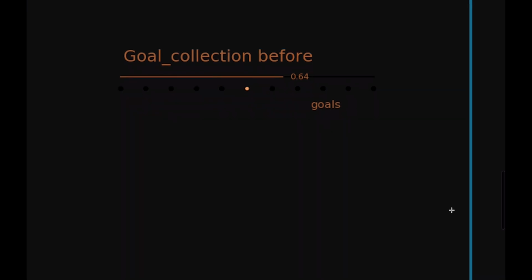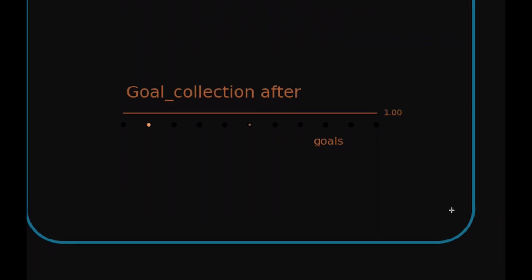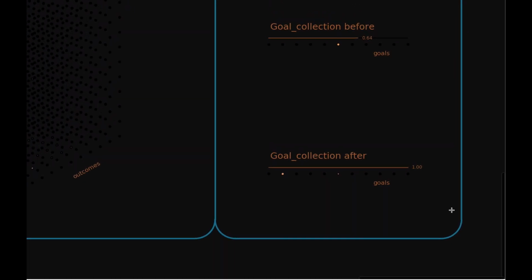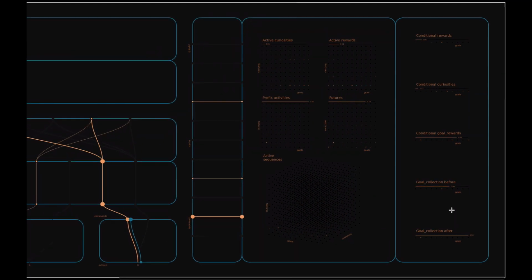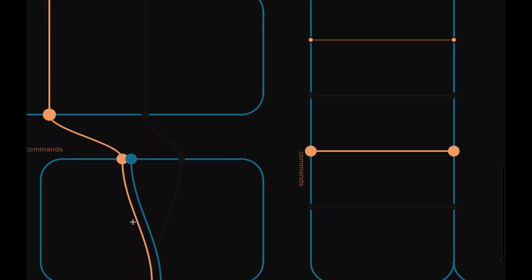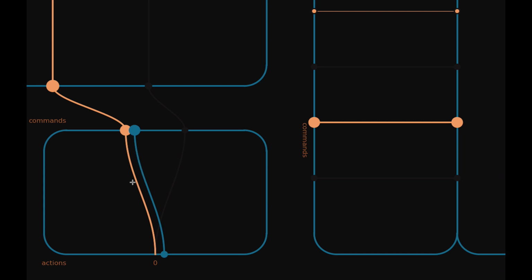Behind the scenes, a new goal is selected, and then the goal set is updated to include that new goal. In this case, the goal is to choose the category dog. This is the second command from the left. Because this new goal is associated with a command, it can be issued immediately on the current time step, which it is. This is represented by the turquoise line on the choose dog command.